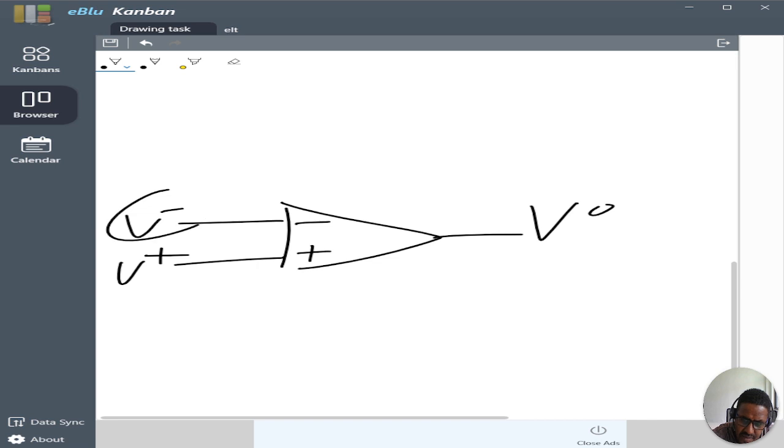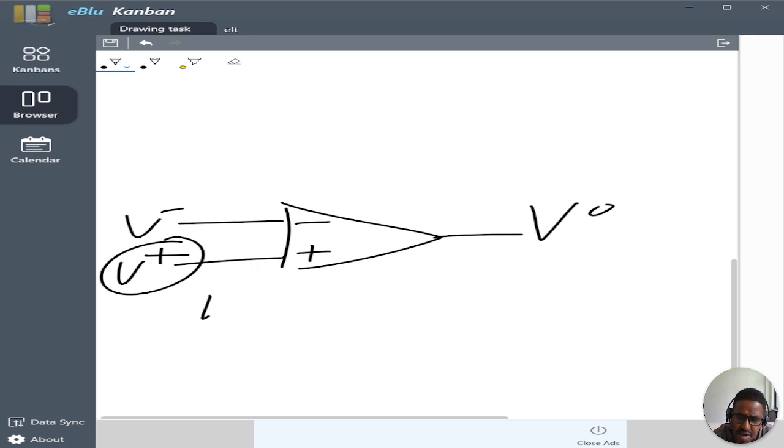When V inverting is greater than V non-inverting, V out is on the negative side. But when V non-inverting is larger than V inverting, V out becomes positive. By this principle, the op-amp works.